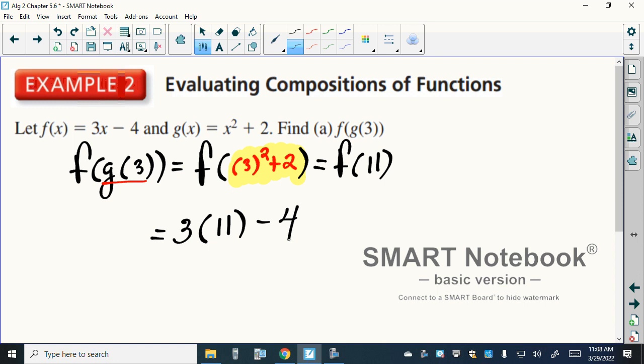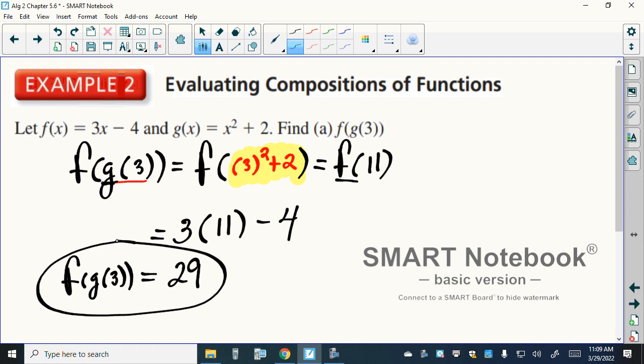And since we've used the last function, because when we plugged it into g of x, the g is gone. We've applied that function. Here we just applied the f of x function. And we can simplify it. 3 times 11 is? So f of g of 3 is 29. That's all we have to do.